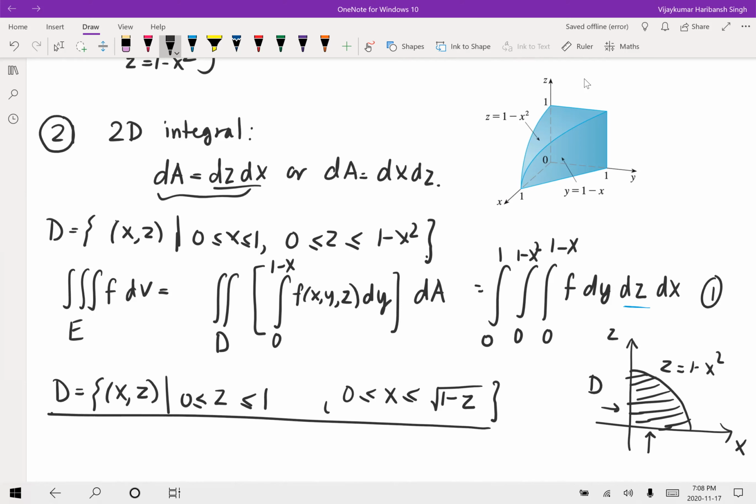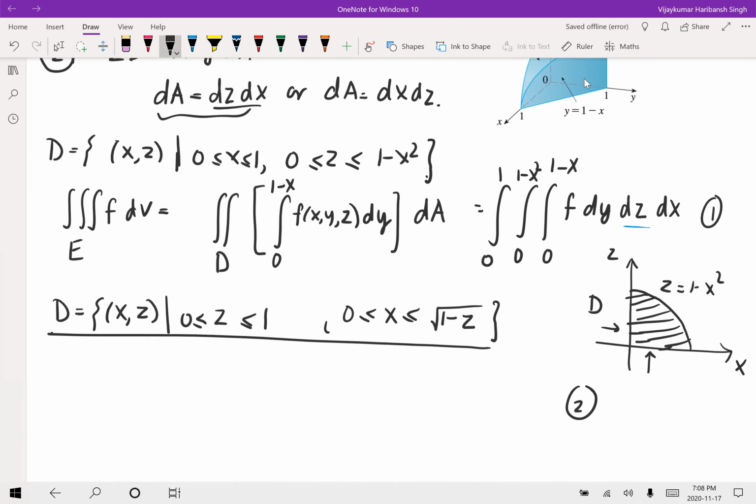So I could have also rewritten my integral in the following format. We could have written it as y first, 0 to 1 minus x, then f of x, y, z.